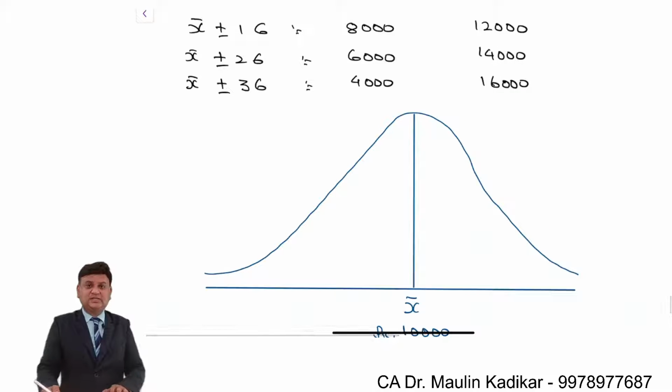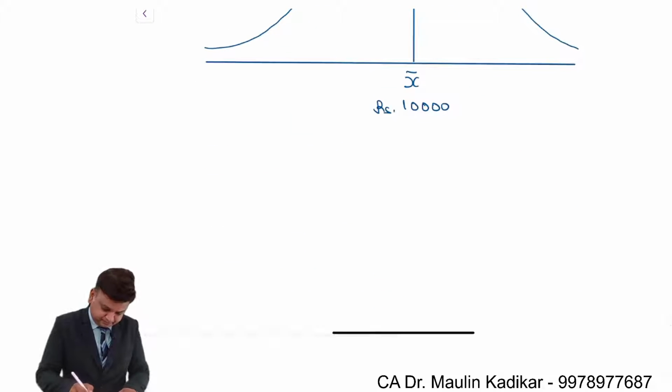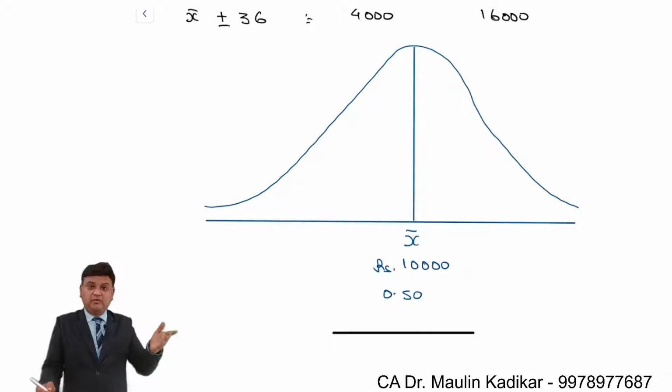Friends, over here it is considered that whatever the mean value has 50% probability. There are 50% chances that the cash flow will be 10,000 rupees. That is what they have told us and which we have accepted.